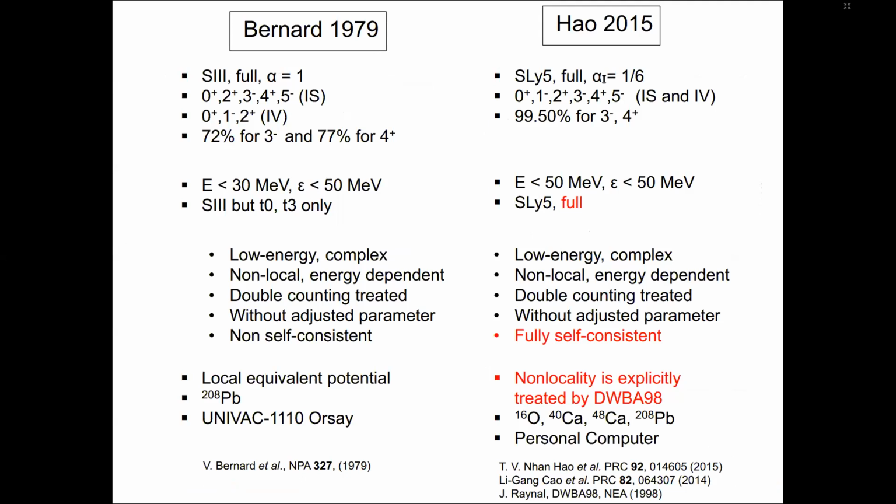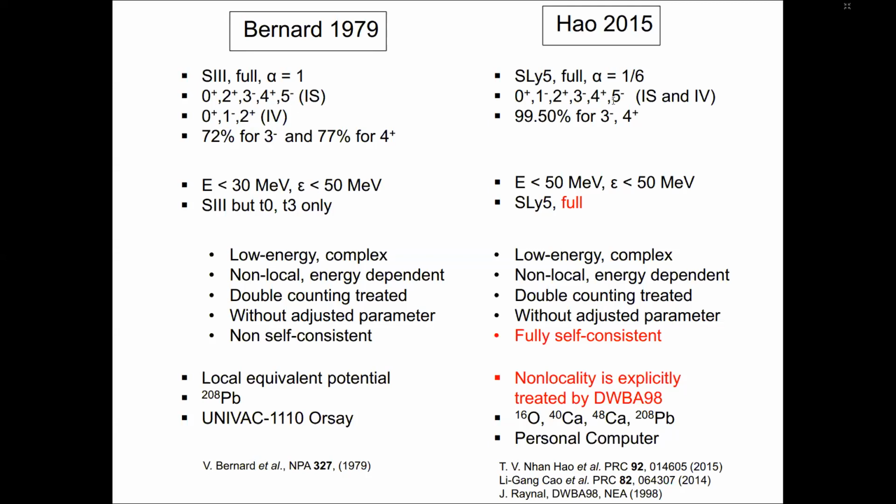Then the alpha, which is the density-dependent term, is only 1/6, which is much softer than 1. And at that time, they limited to the 0+. They neglected the 1- for isoscalar, and for isovector they neglected the 4+, 5-, and 3-.